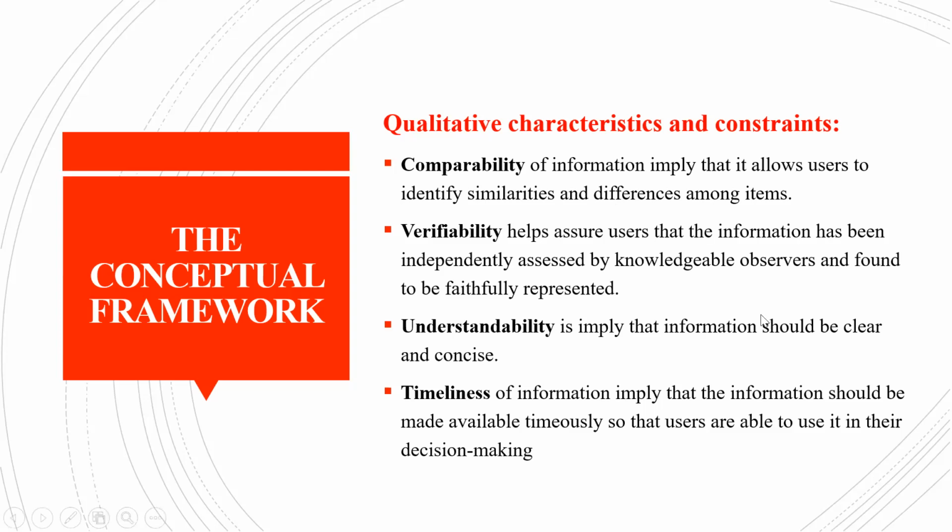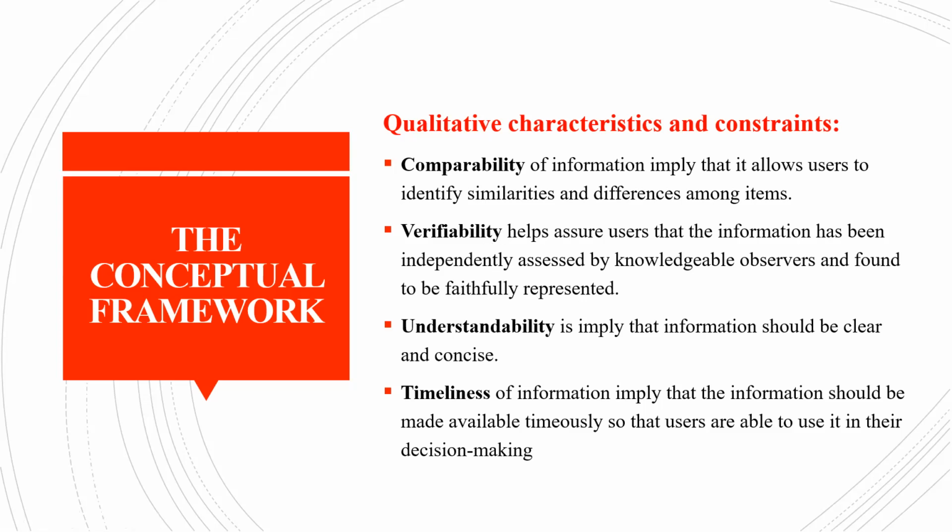Then, of course, if we say information is verifiable, it has to have that verifiability attribute. Verifiability simply means that the information can help us to assure the users that the information has been independently assessed by knowledgeable observers and found to be faithfully represented. So the verifiability of information means it can be audited.